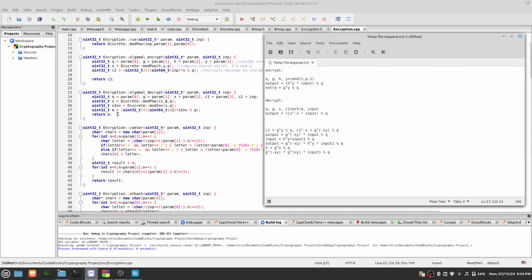So that's fair. So we decrypt our message by taking g to the y, raising that to the power of negative x, so we have g to the negative xy, and we multiply that by our thing to get the original message.